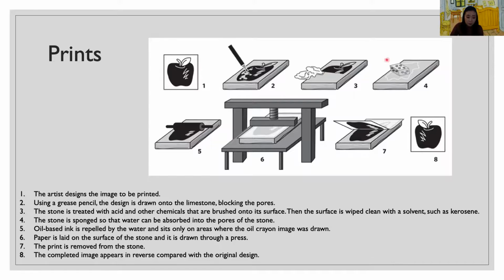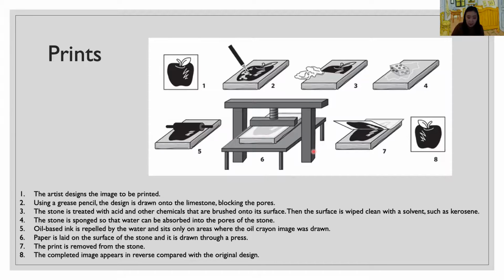And step 4, the stone is sponged so that the water can be absorbed into the pores of the stone. And step 5, the oil-based ink is repelled by the water and sits only on the area where the oil crayon image was drawn.